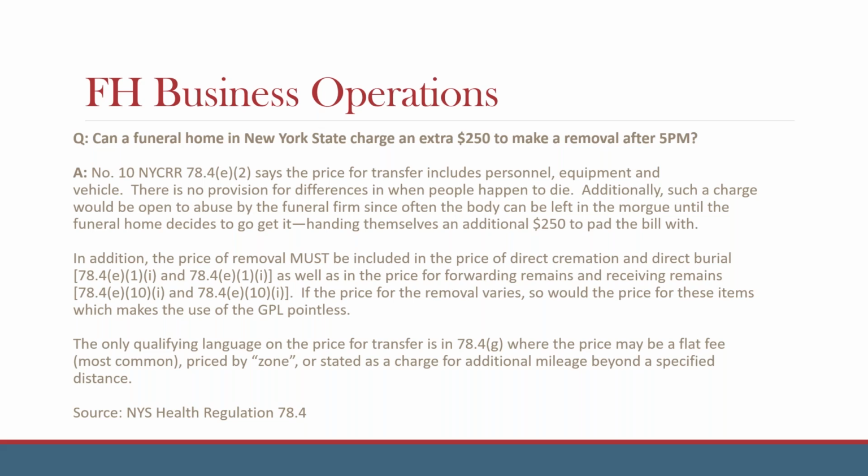So the package price can be $1,000, it can be $900, but it can't be $1,100 or $1,200, because the package price is a way for consumers to not have to go and pick and choose. They're supposed to be able to have the option of just picking one thing that's going to get them everything they need if they want a direct cremation or a direct burial. But you can always discount that from your standard GPL price.